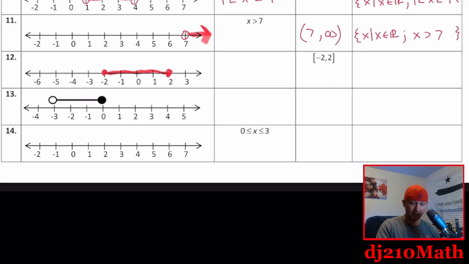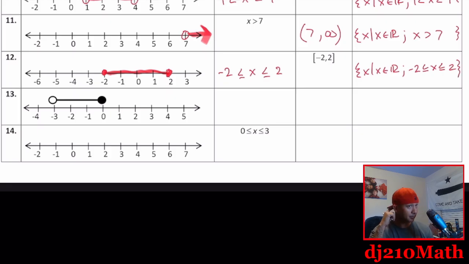For the inequality, -2, +2, x in the middle, less than or equal, less than or equal, because x is every number in between -2 and 2, and including -2 and 2. Okay, set notation, curly bracket, the part that we always write, and -2 less than or equal to x, less than or equal to +2, curly bracket.